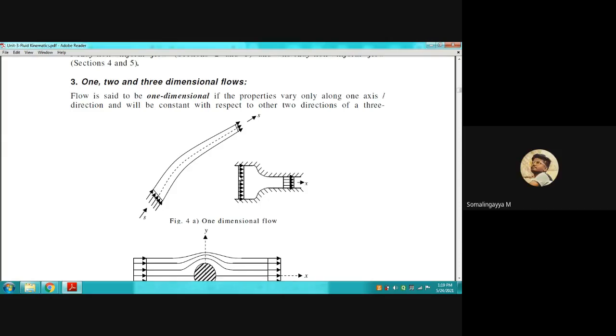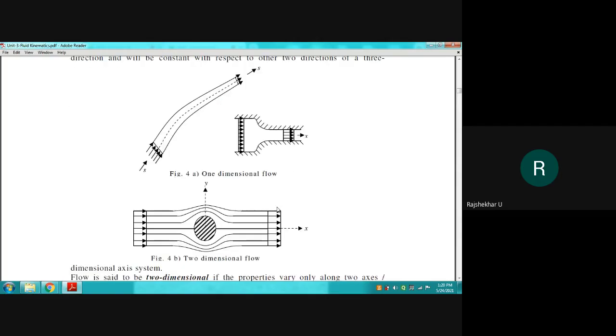It flows in only one direction. Okay, correct. Anything else? Somebody wants to add something to that?